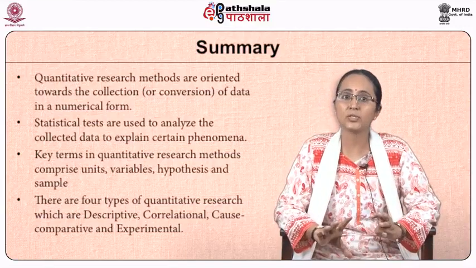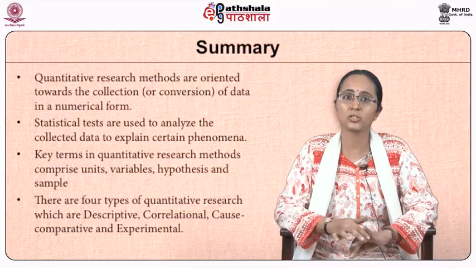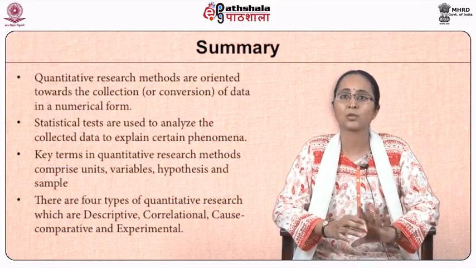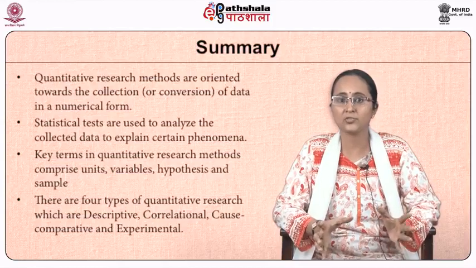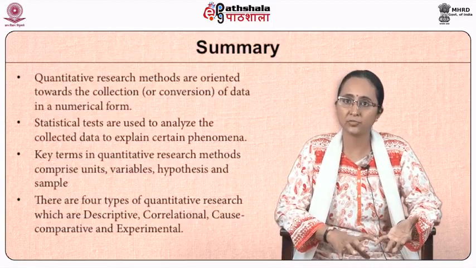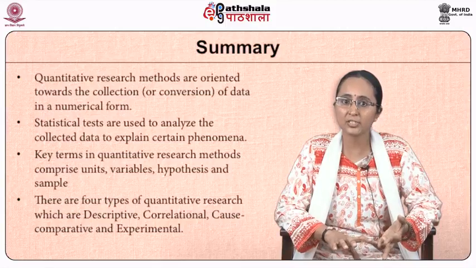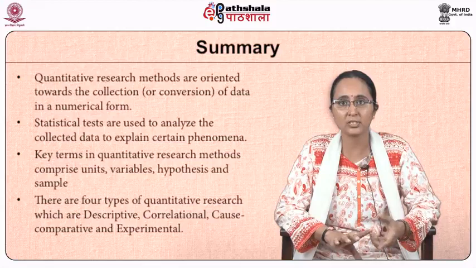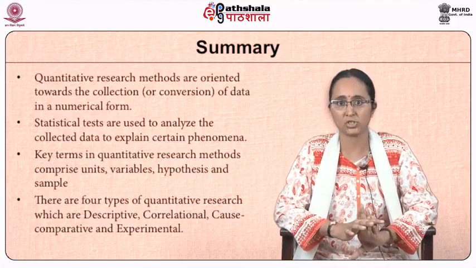Key terms that we use in quantitative research include units, variables, hypothesis and sample. Four types of quantitative research are descriptive research, correlational research, comparative or quasi-experimental research and experimental research.